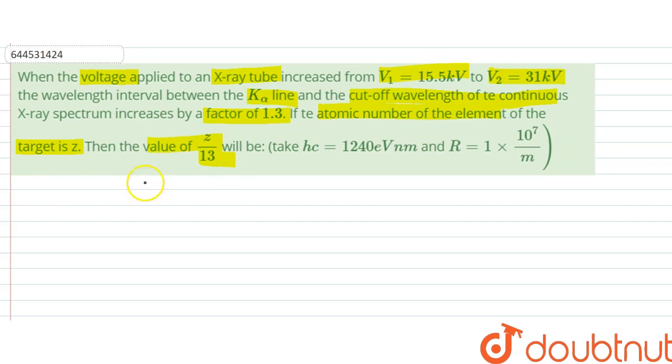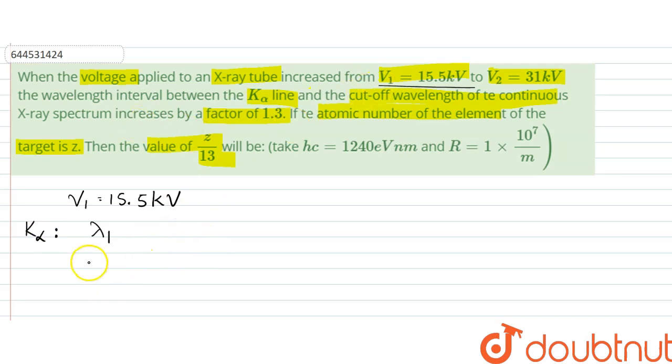First of all, we are given V1 equal to 15.5 kilovolt. Let us assume that the K alpha line has wavelength lambda 1.